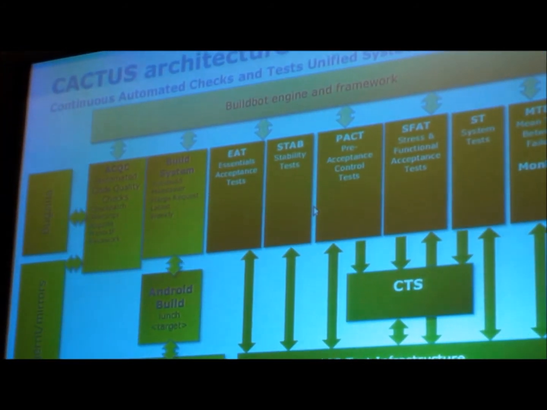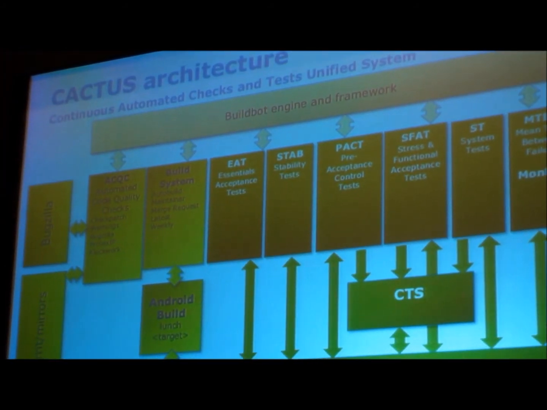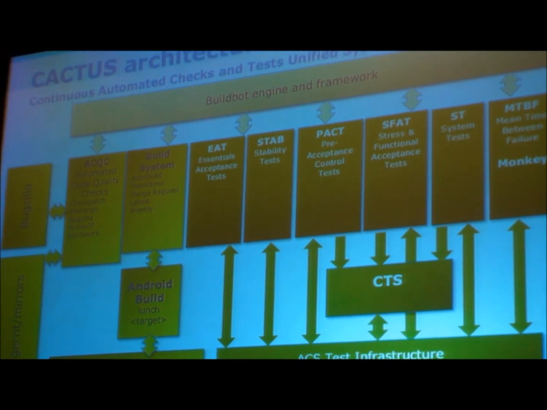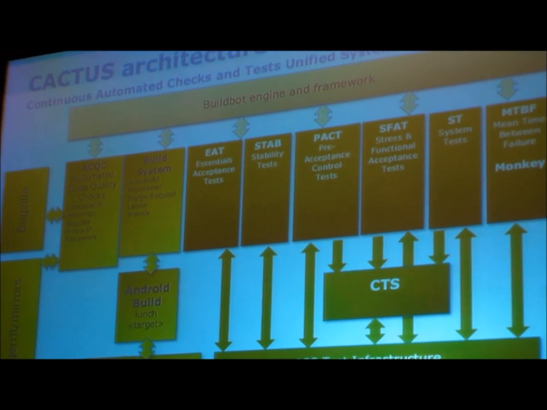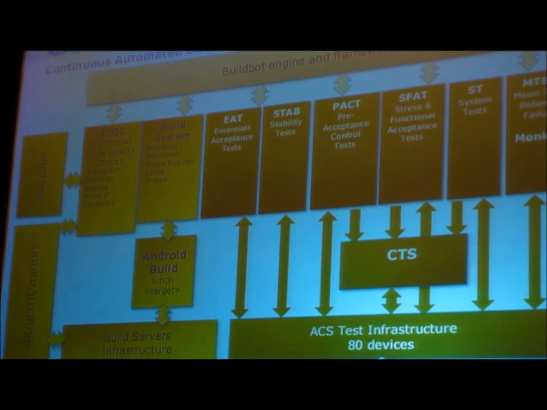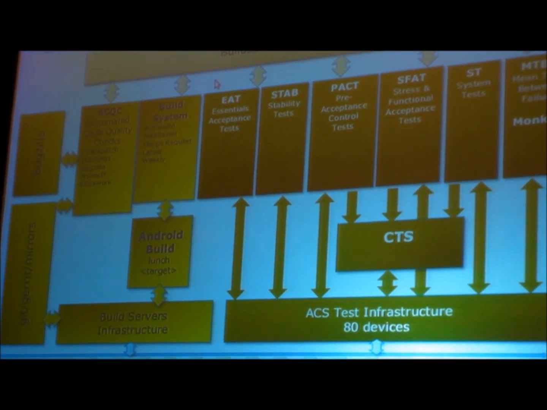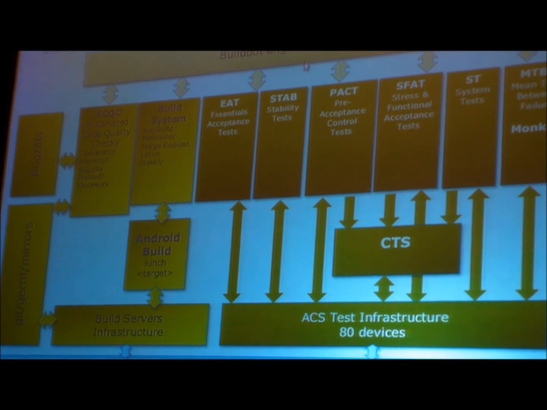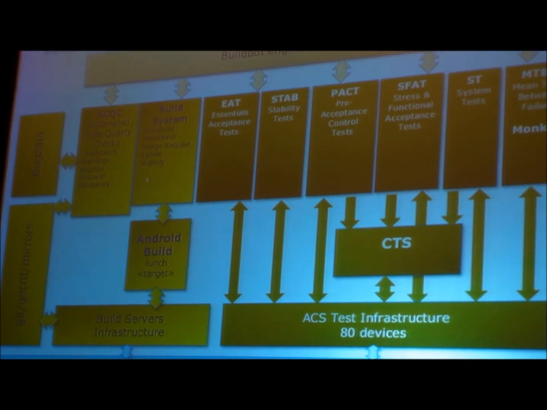So this is our Buildbot-centric integration process. What my manager has done is a CACTUS architecture, because managers like names. He found a bunch of acronyms for all of this: continuous automated checks and tests. Around Buildbot, you have the build system.